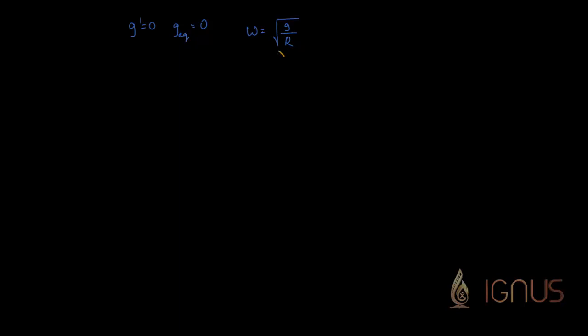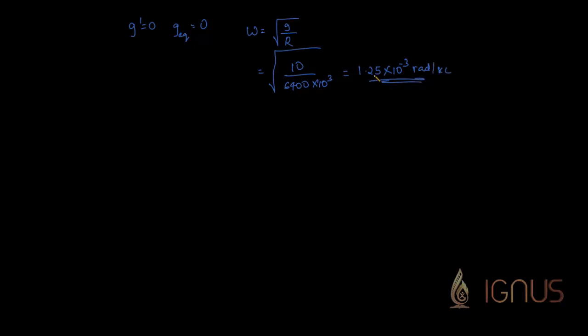So if you find out, it is given that g is equal to 10, so let us take this as 10, and the radius of the earth is 6400 kilometers, so into 10 power 3, so that everything is in meters. This comes out to be 1.25 into 10 power minus 3 radian per second.